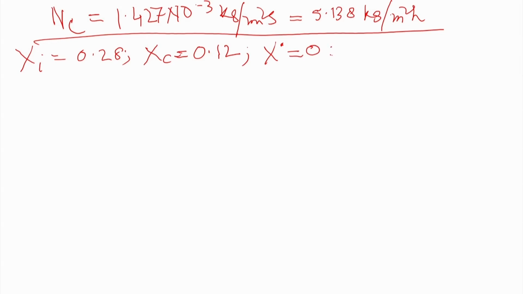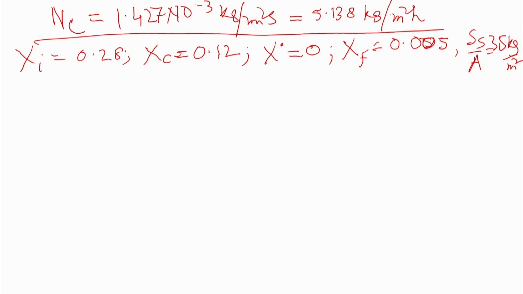So, we take this as 0 for the calculation, and final moisture content is given as 0.5%, so 0.005. And this SS by A, this loading, is given as 35 kg per meter square, that is already given.